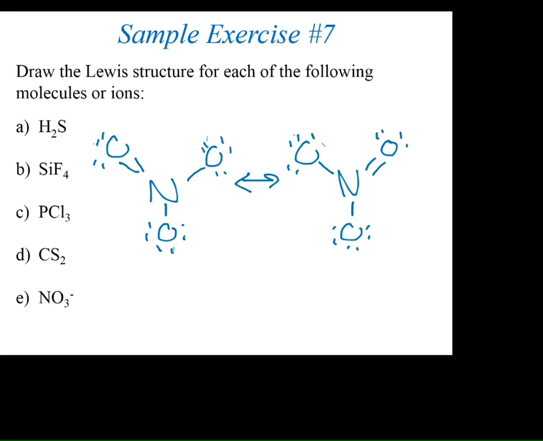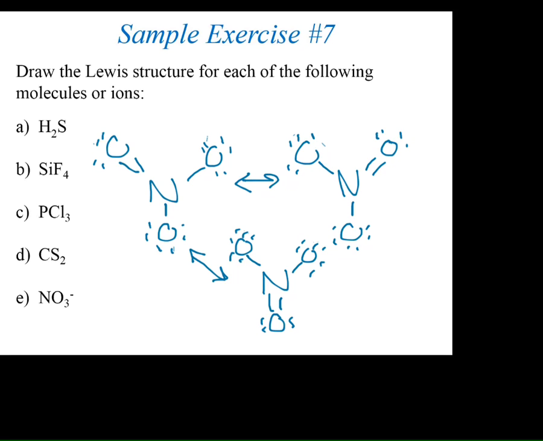Or, I guess I'll do it here. It could have been the bottom one, a double bond, and then single bonds everywhere else. Normally I'd have written it out in a big line, but I ran out of room.